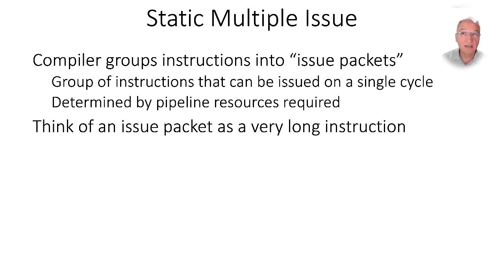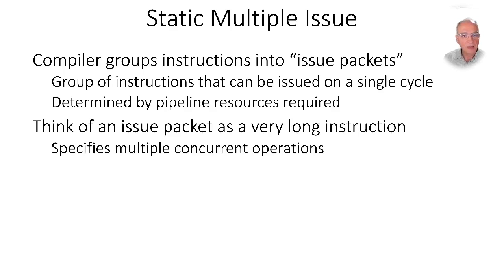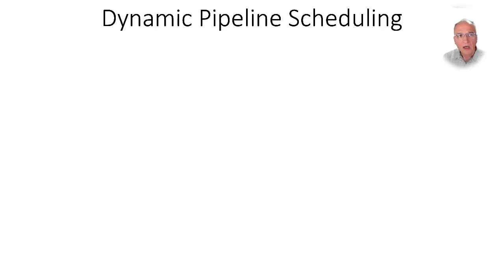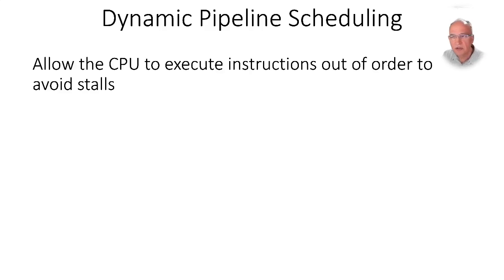The processors that are designed to allow that are called VLIW, or very long instruction word processors. It will specify multiple concurrent operations to be executed in the same processor, and thus the name VLIW.